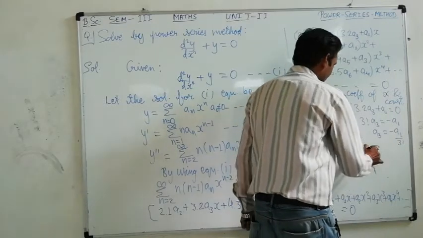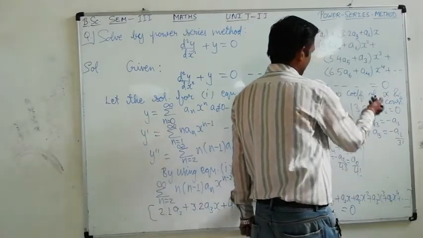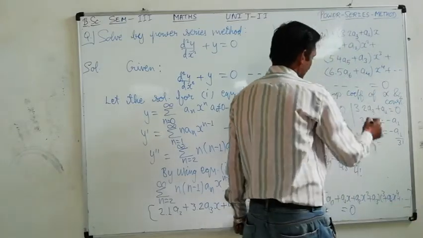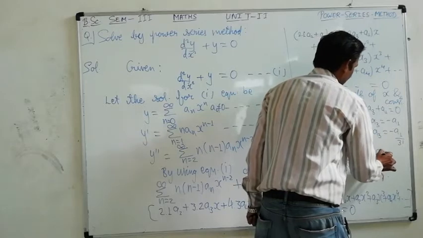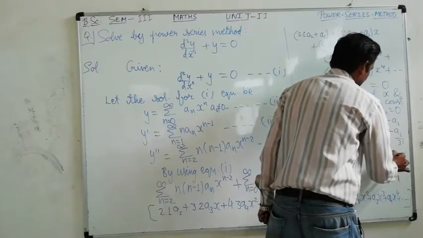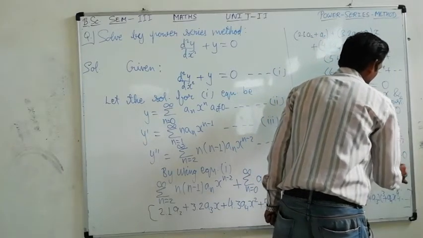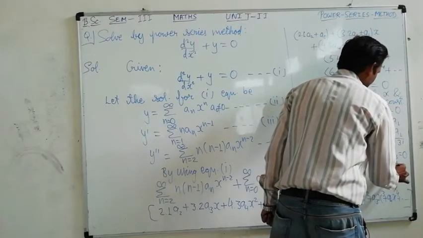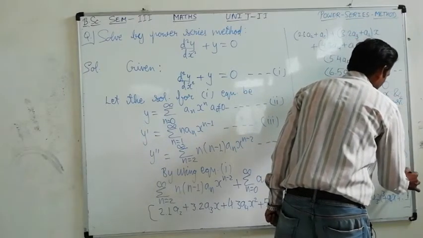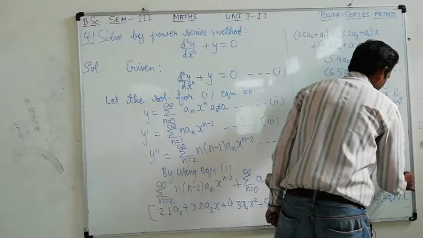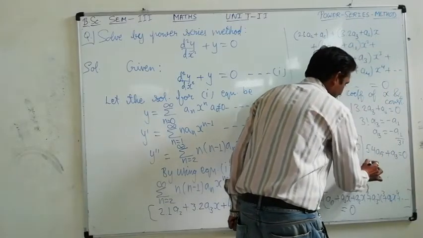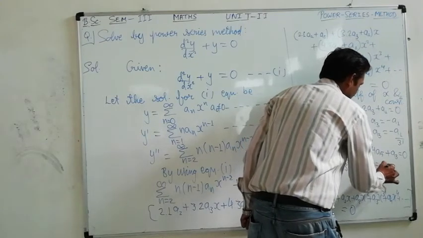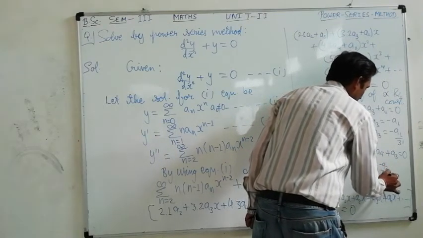And if we consider this part, 5 into 4 a5 plus a3 is equal to 0, or a5 is equal to minus a3 upon 5 into 4.